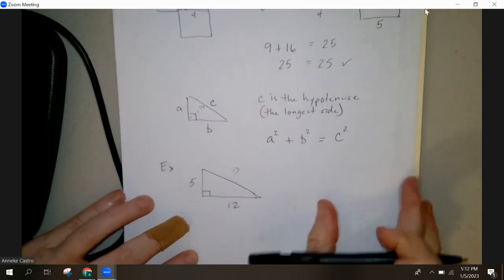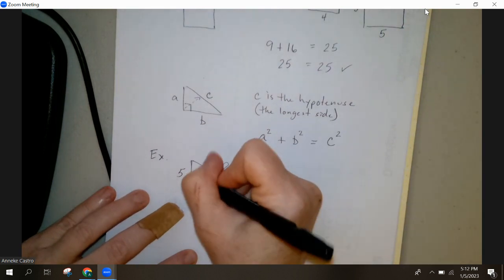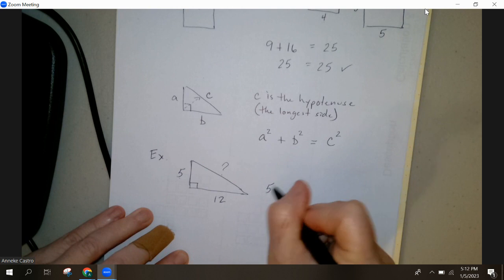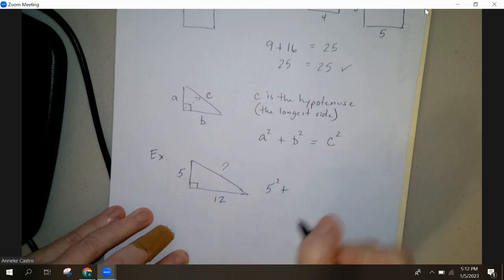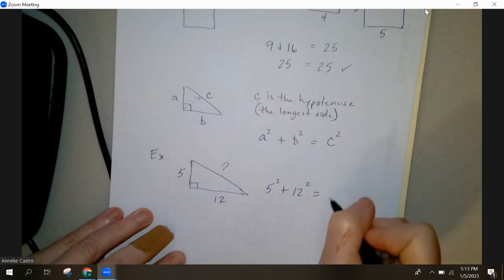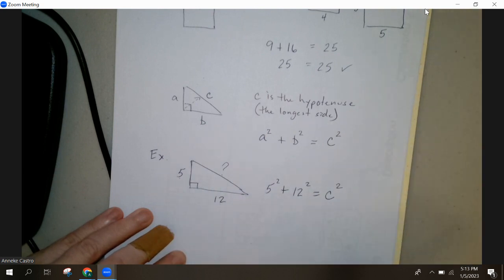Well, I can use this formula to figure that out. So these are the two short sides. So I know this side times itself plus this side times itself has to equal the long side times itself. I don't know what that is yet, so I'm just going to put the letter C, because that's what we call the hypotenuse. We just call it C, the long side.